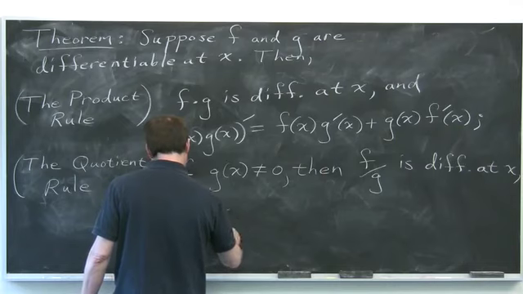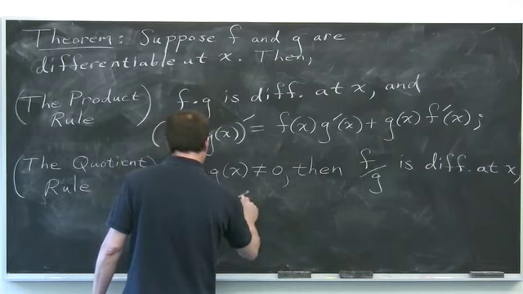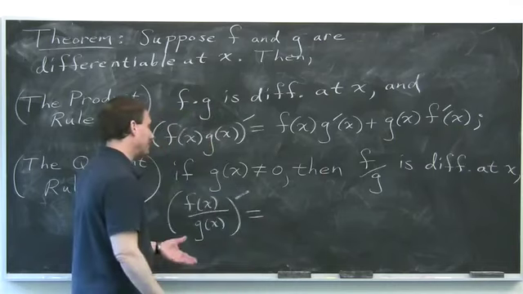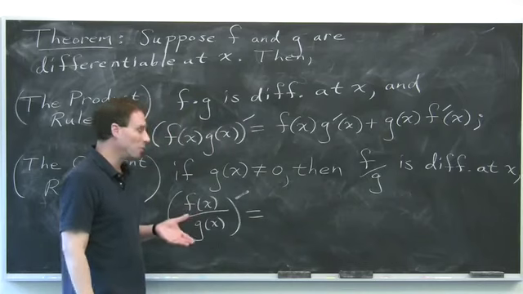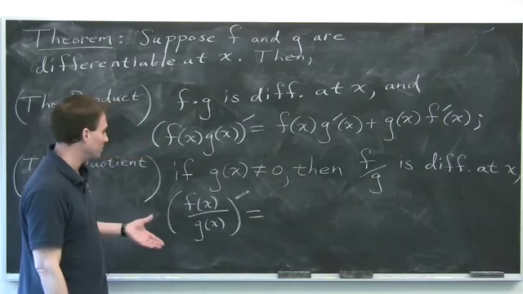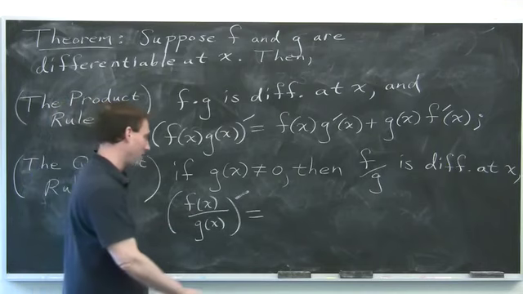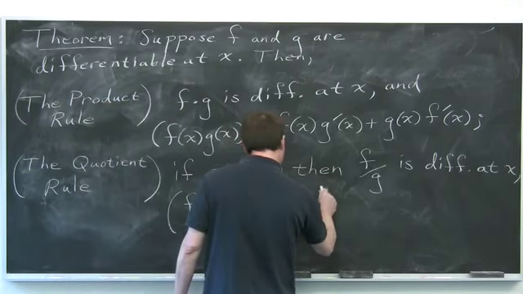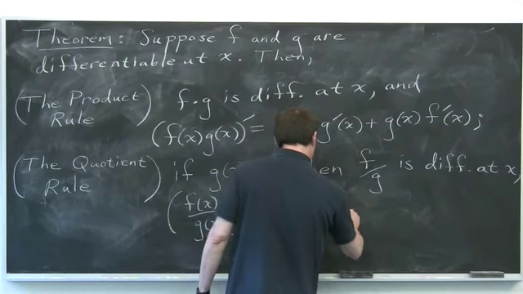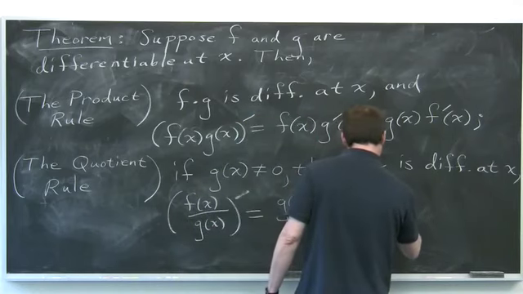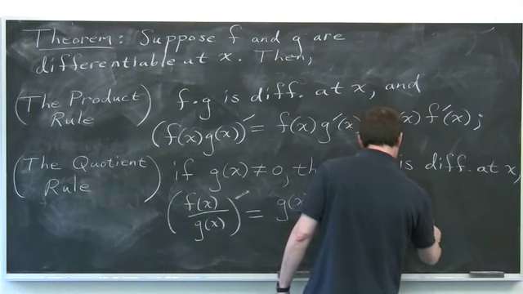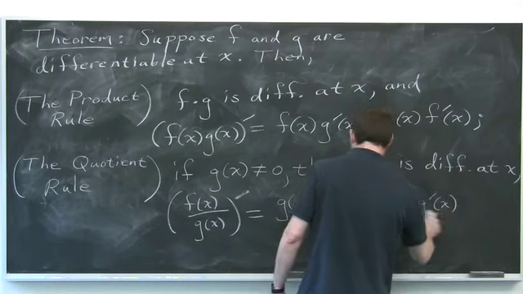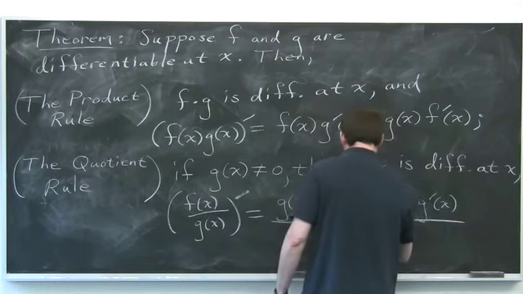It's not that bad. Also, the words numerator and denominator are far too long to say. And again, you don't want to memorize it with f's and g's in it because you might have other functions. So I suggest the following: the bottom times the derivative of the top minus the top times the derivative of the bottom, all divided by the bottom squared.